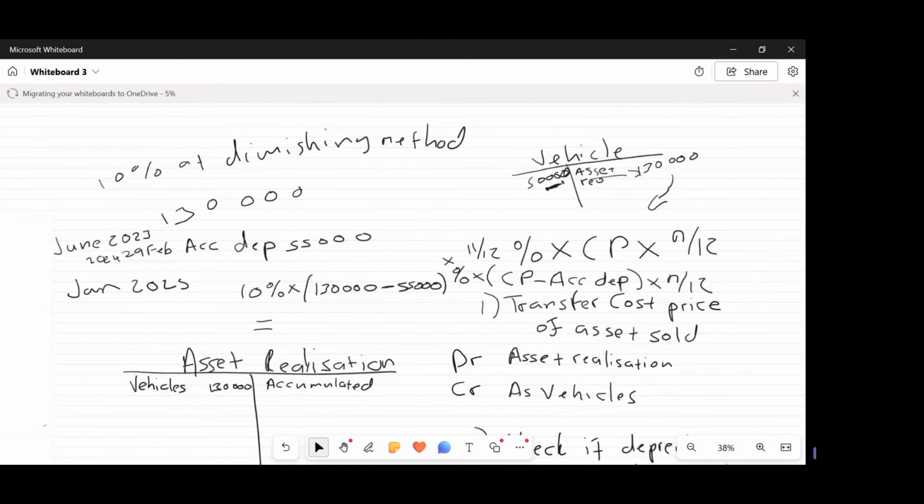How much do you get if you punch this in your calculator? How much do you get? 12,000 multiplied by 6875. 6875.